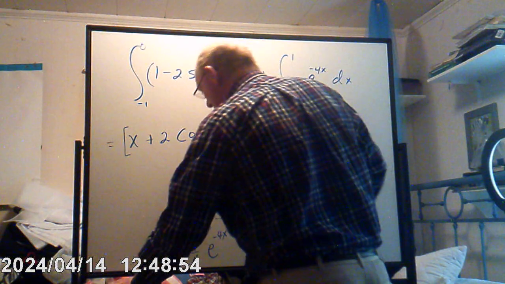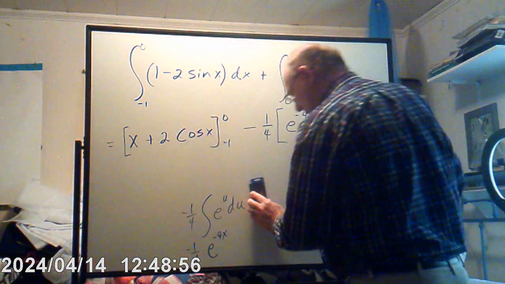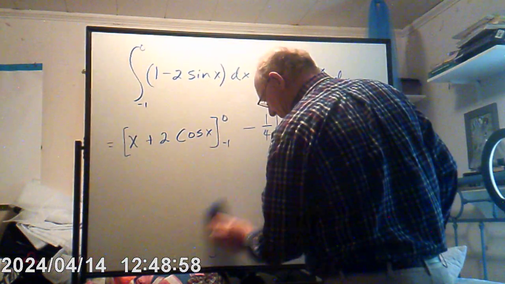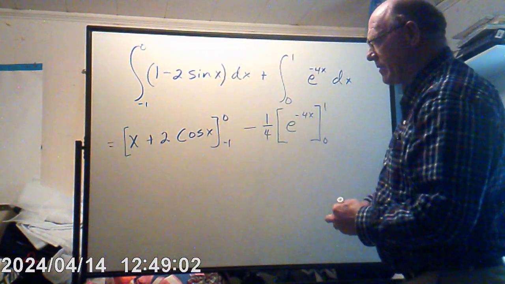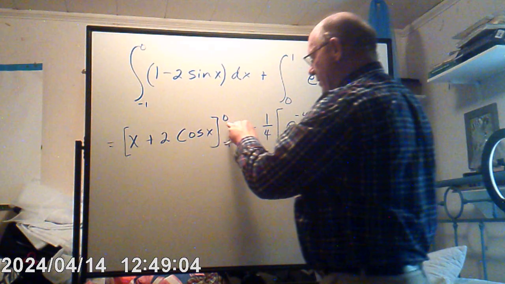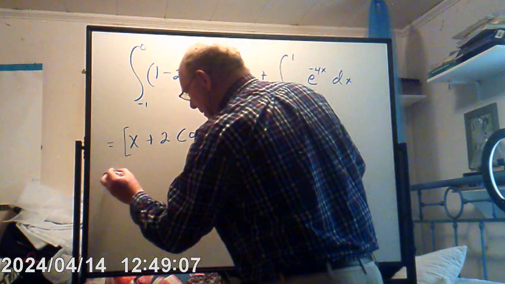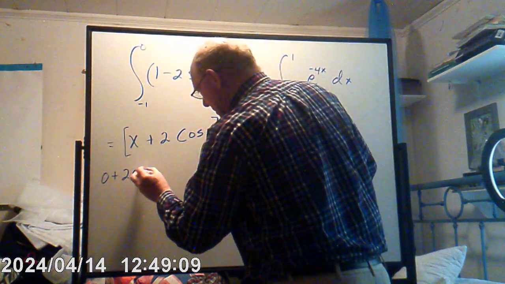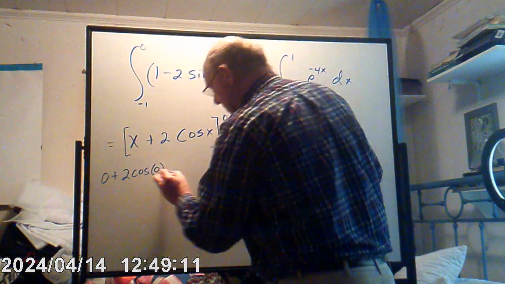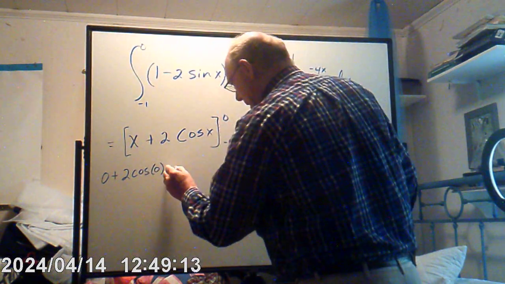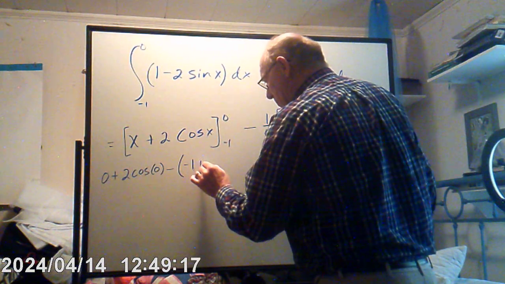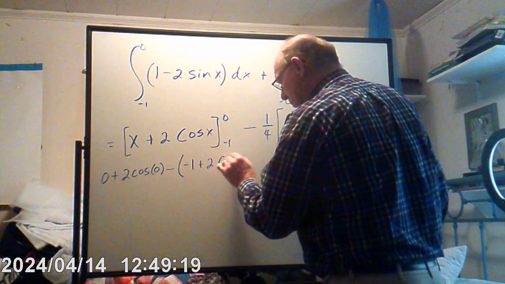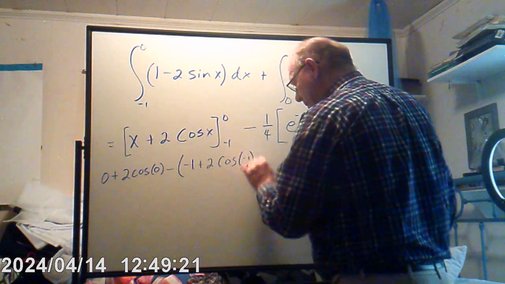Well, let's see what we get, and at the end we're hopefully going to be able to multiply by 1/2 or divide by 2. So what we have here is 0 first, so 0 plus 2 cosine of 0, minus the quantity negative 1 plus 2 cosine of negative 1.